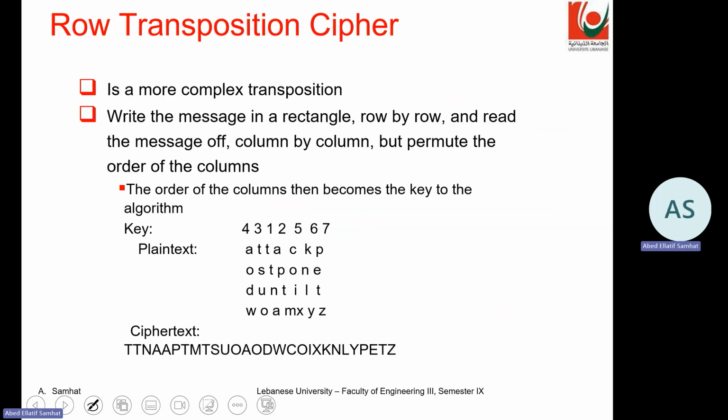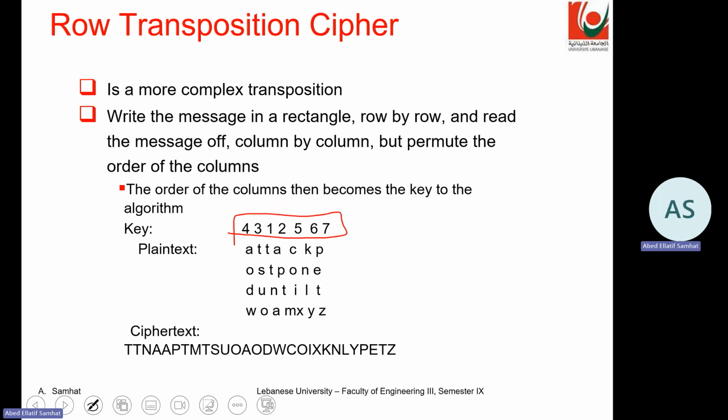It's another way to do a transposition cipher: write the message in a rectangle, for example, row by row, and read the message off. For example, if we have a message, for example, "attack postponed until two am", we have a kind of secret key.